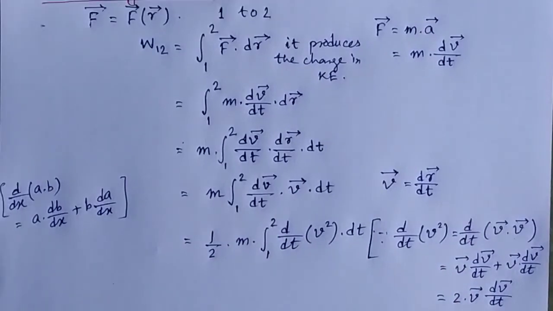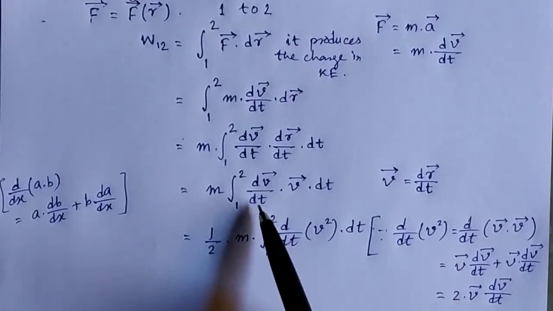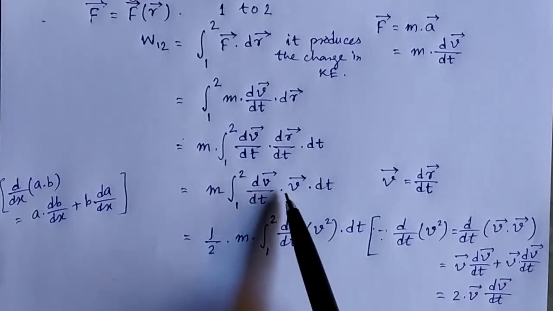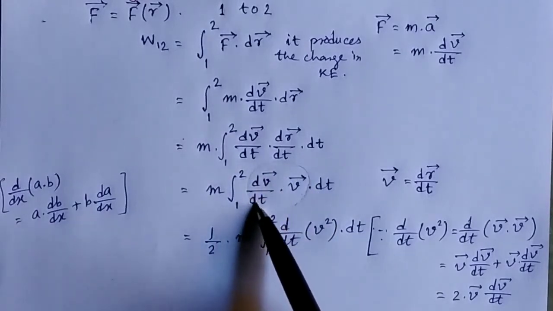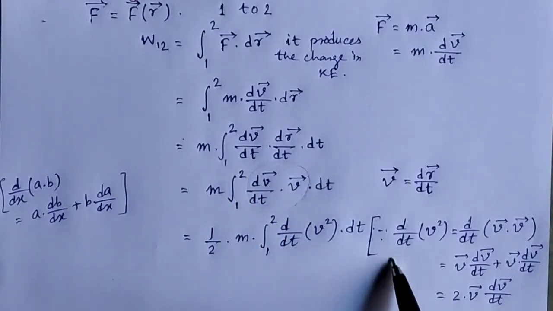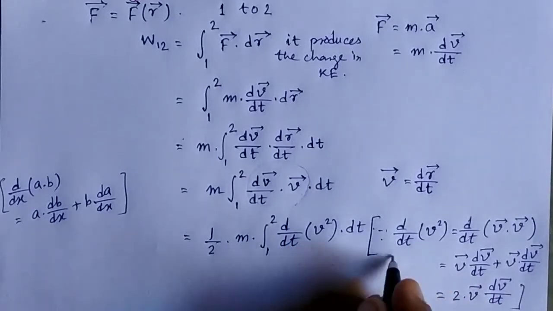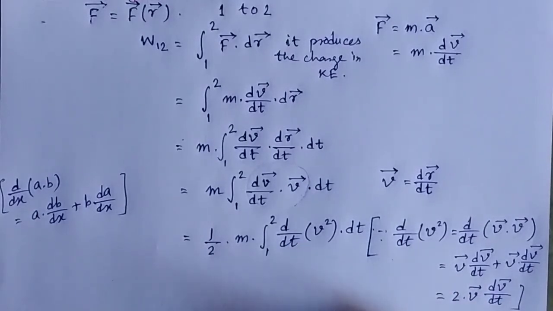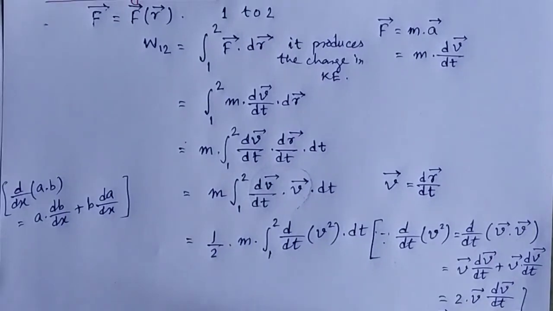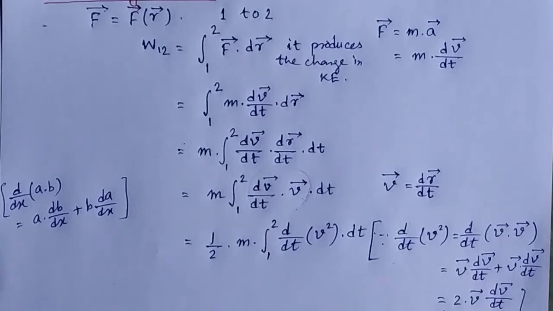Now here is the equation dv by dt dot v. This becomes half into d dt of v square, as from this equation we have v dot dv by dt equal to half d dt of v square.